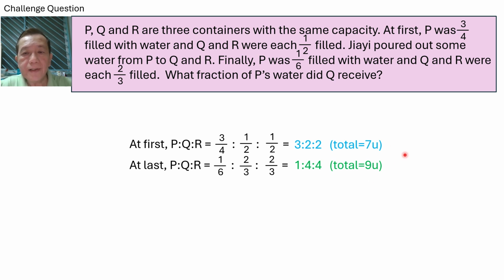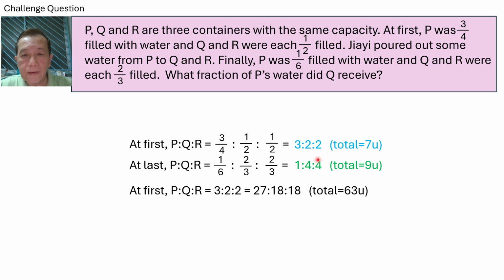We equalize the total because the total amount of water at first is the same as the total amount of water at last. And the method we use is cross multiply. This ratio times 9.